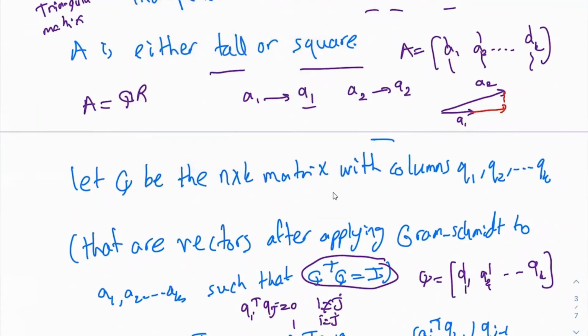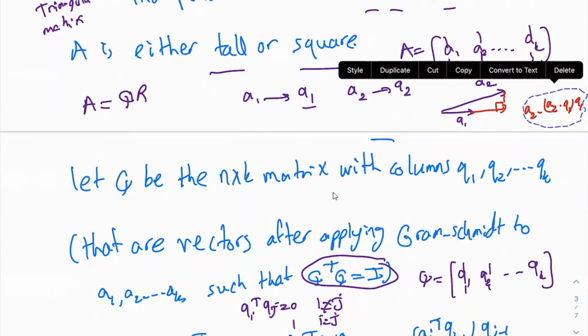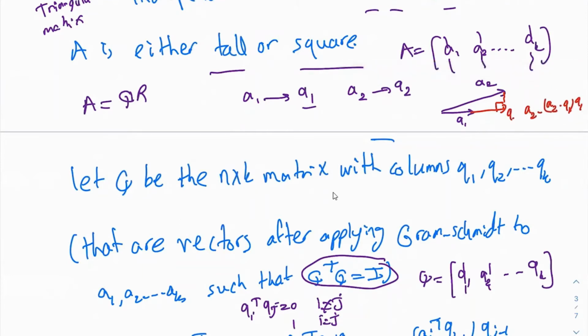Which is orthogonal to Q1, and it's going to be A2 minus A2 dot with Q1, remember, with the norm of Q1 being 1 by construction, times Q1, right? So I called that one in that video V2 prime, but here let's call it, for example, Q2 bar, right? And then this is the unnormalized version.